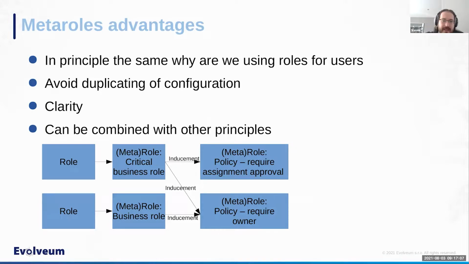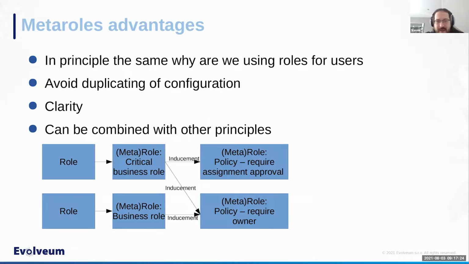And in the same way, I can define just a normal business role, which I have on the bottom. And for example, I will reuse the policy that require owner and use it there. So I'm combining the meta roles with roles extension.